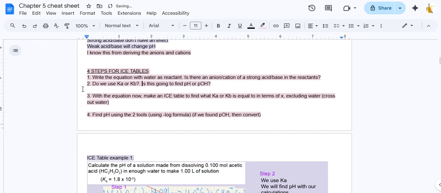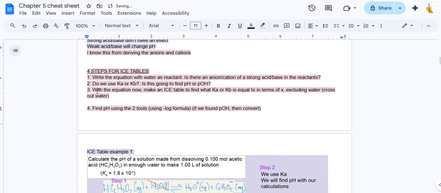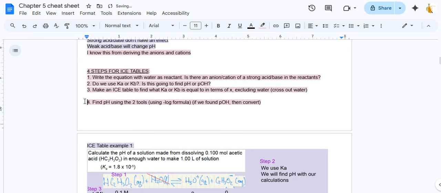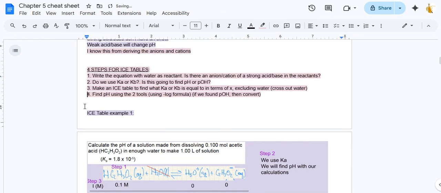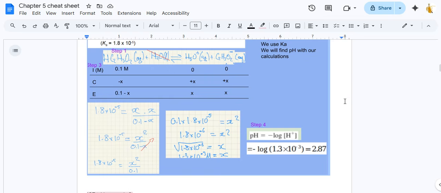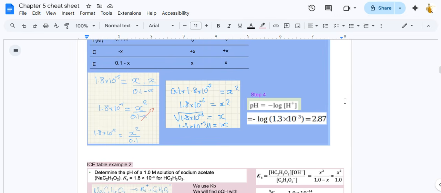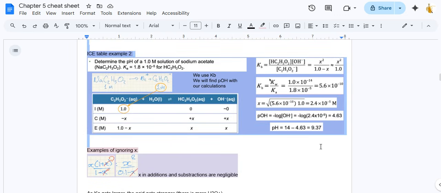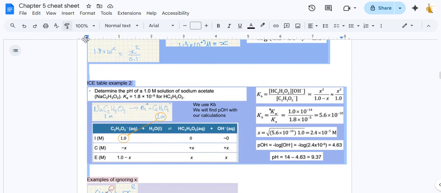Keep these two questions. And then I keep this and that. And maybe I'm familiar enough with the ICE tables, I delete all of this. Remember, I still have a copy here.